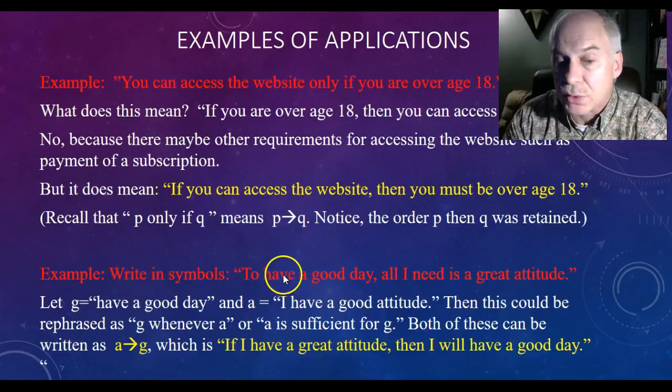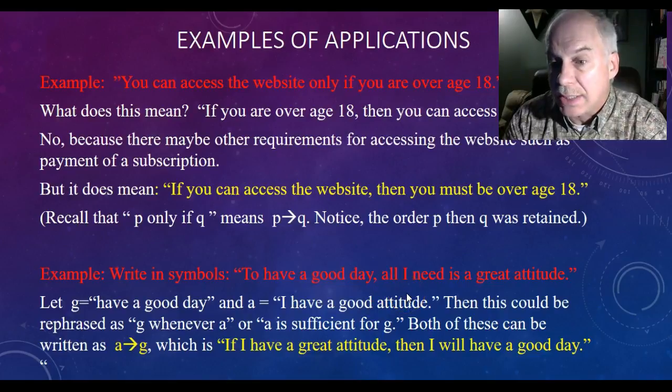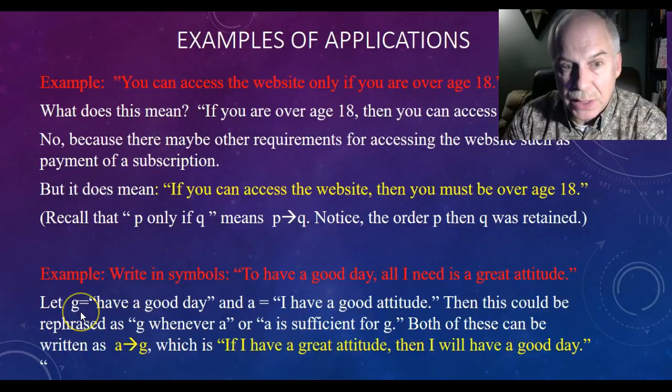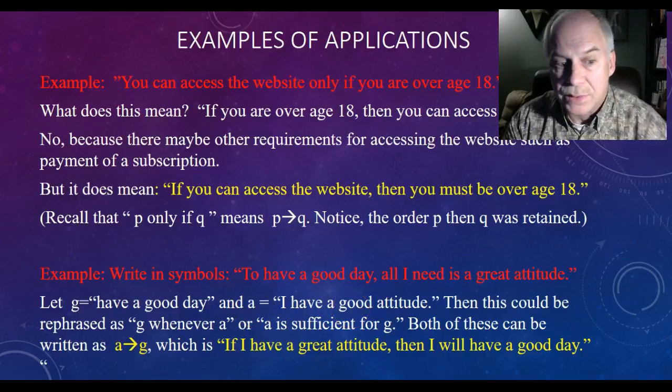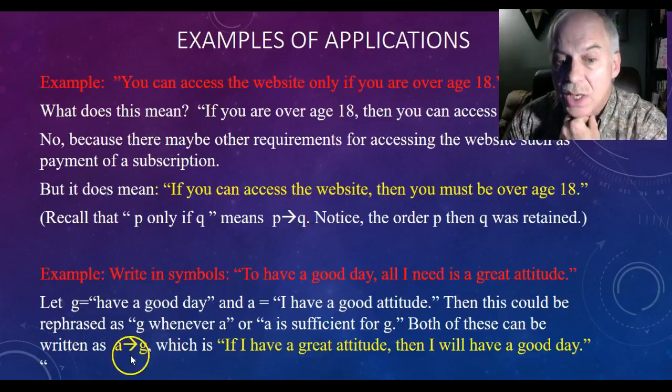Write in symbols, to have a good day, all I need is a great attitude. So if you take that sentence, to have a good day, all I need is a great attitude, and you represent G to be have a good day, and the letter A to represent I have a good attitude, then this could be rephrased as G, I'll have a good day, whenever A, in other words, whenever I have a good attitude.